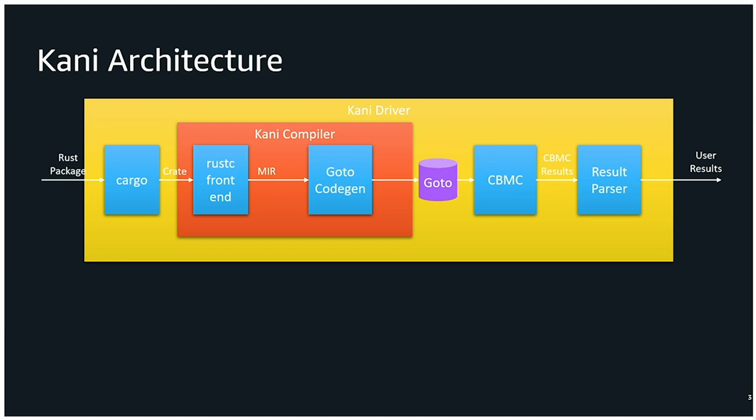So we don't post the output from CBMC verbatim. We go through some post-processing because we have some internal properties that are intended to improve or enhance the user's understanding of the results. So those get bundled up with some of the main properties when we present the results.